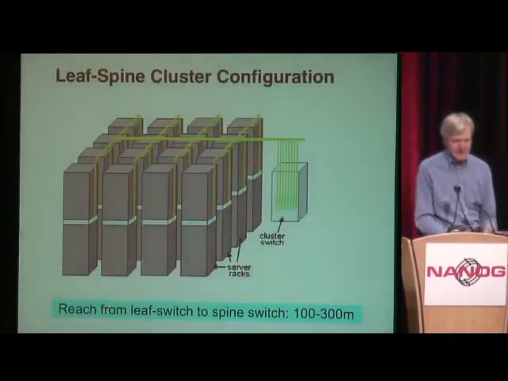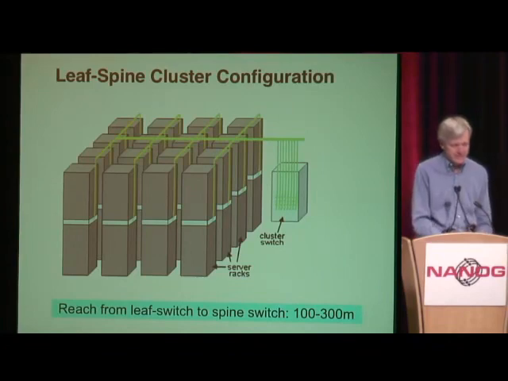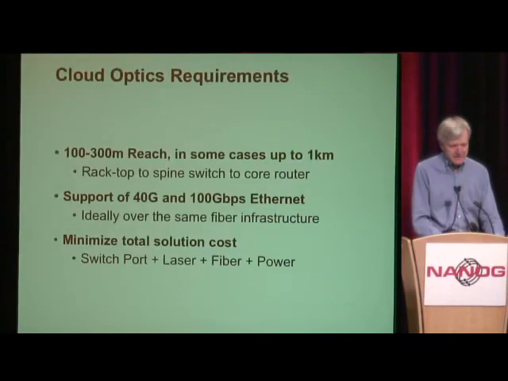And again, the typical leaf-spine cluster configuration is that within the rack, people use Twinax copper cables to connect from the server to the rack switch. There's no optics there. But to get from that leaf switch to the spine switch, depending on the size of the cluster, is either a 100 meter or could be a 300 meter reach, and in some cases even longer.